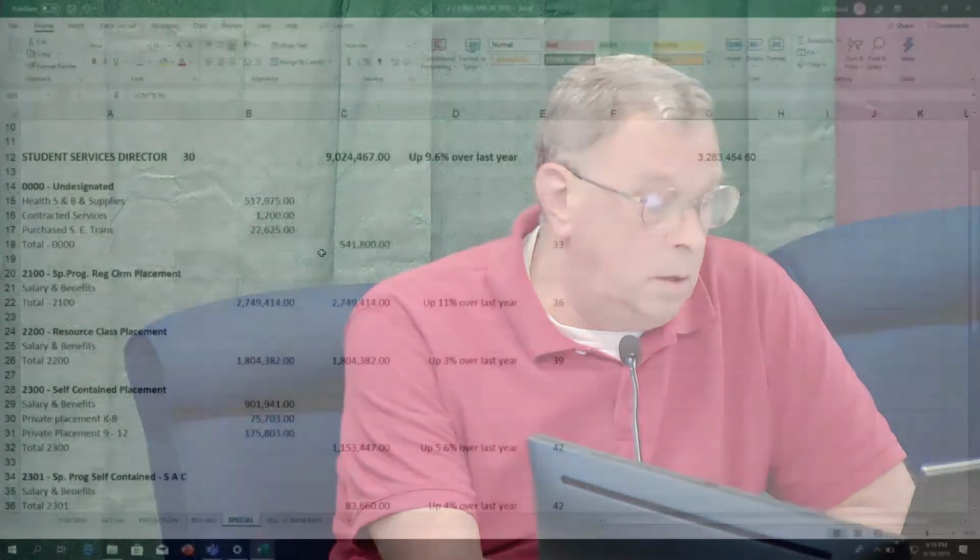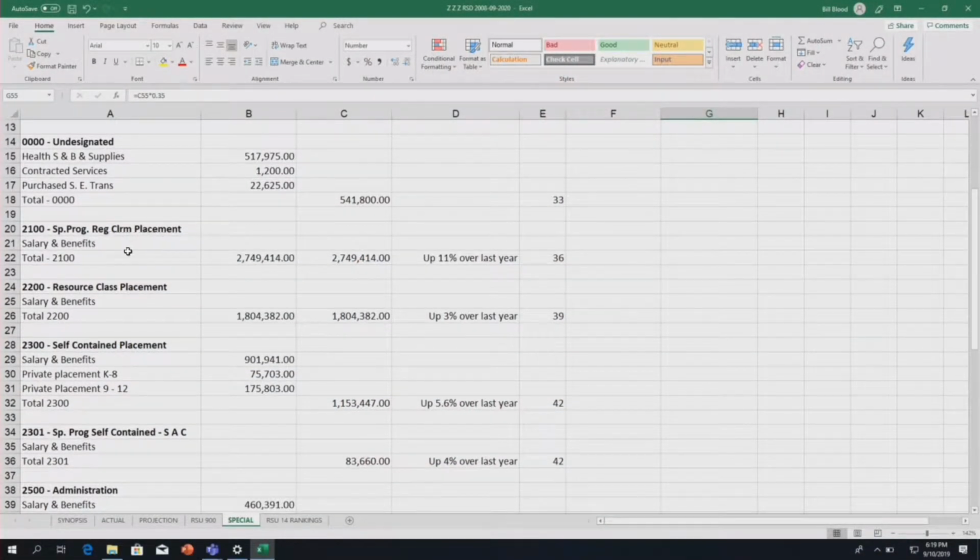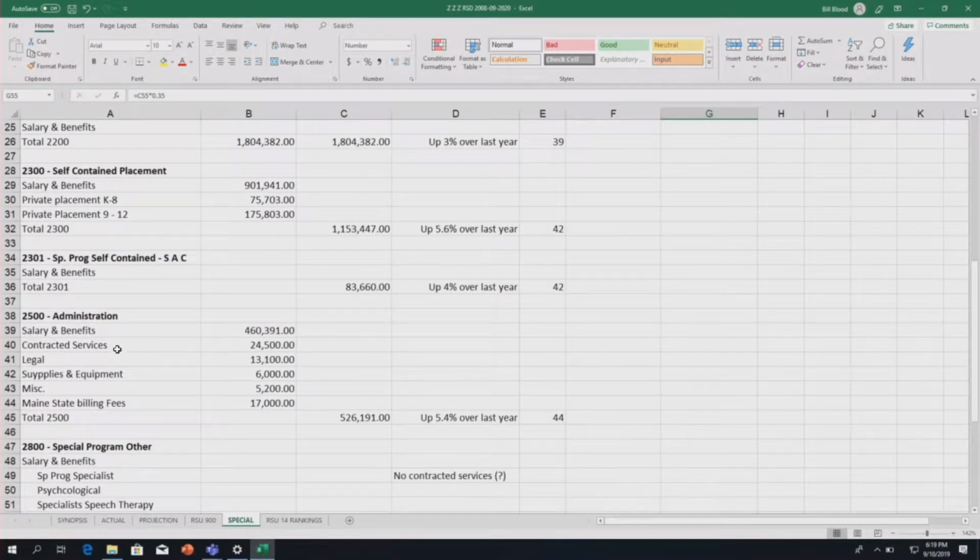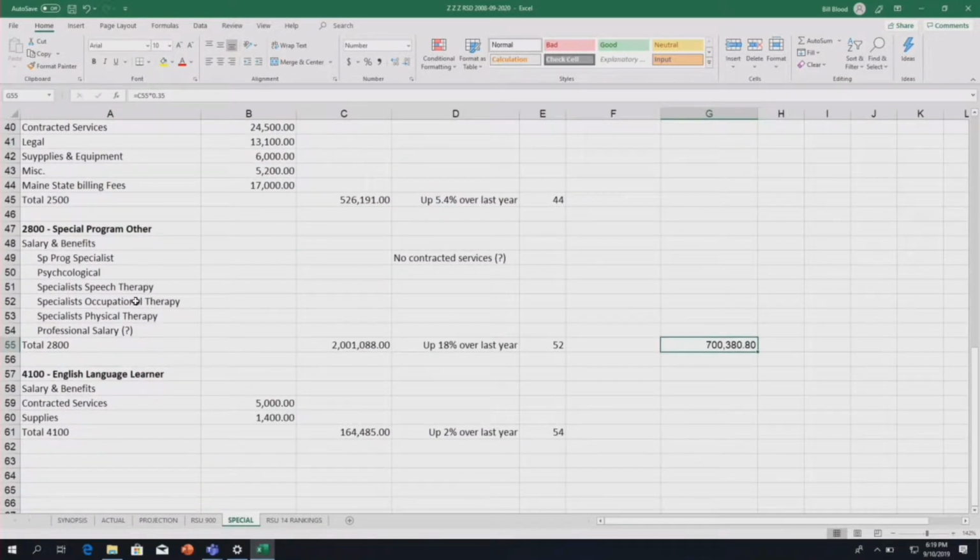Special ed, as a former special educator, I can say that I can see some possible savings in this area. Evidently, the school board made a decision to not subcontract out contracted services, and they hired everybody. The budget reflects it right here: their speech, psychological, occupational, physical therapy, and professional salaries are all bulked in, and they're all being paid as normal educators, with benefits, stipends, the whole 9 yards.